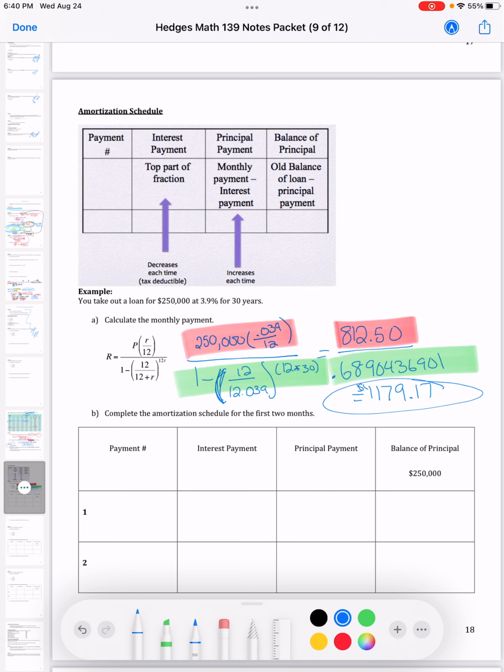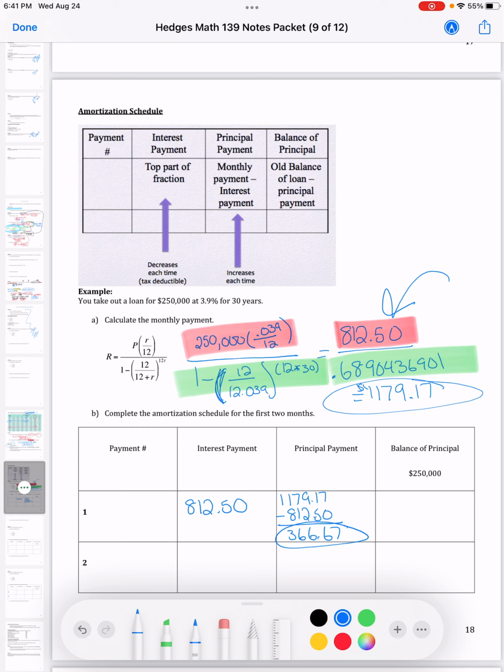My interest is the numerator part of the fraction of my formula. So the interest is a whole bunch at the beginning. I paid in $1,179.17, and the bank took out $812 for themselves. So what's left over is the principal.